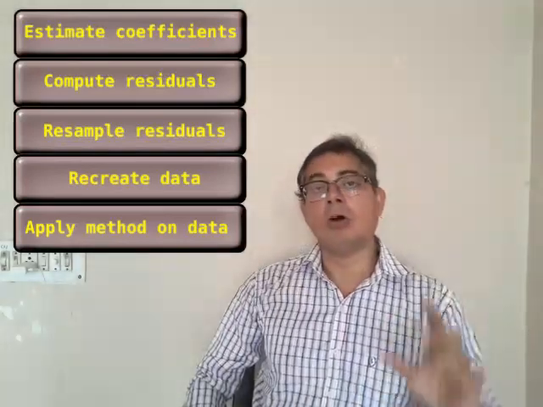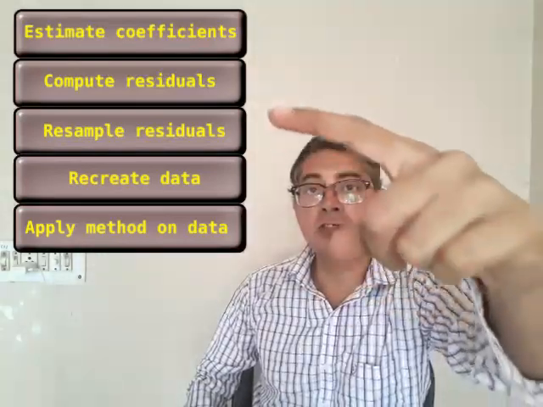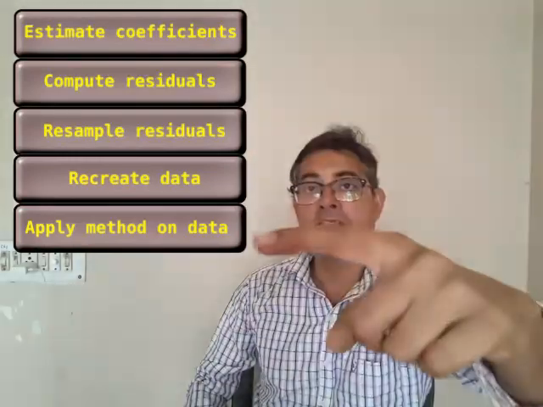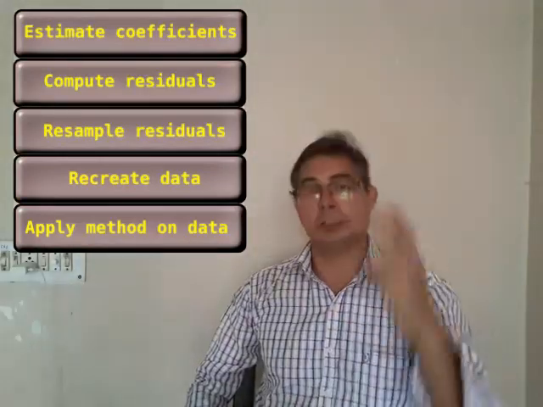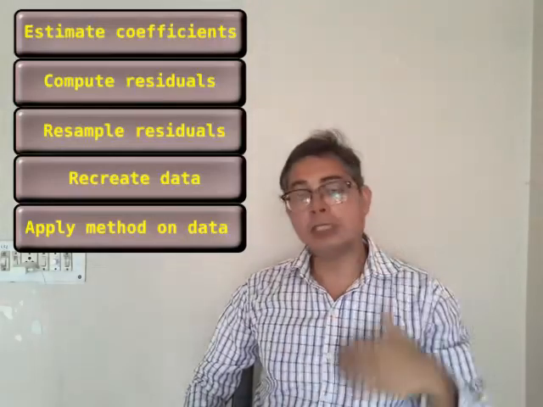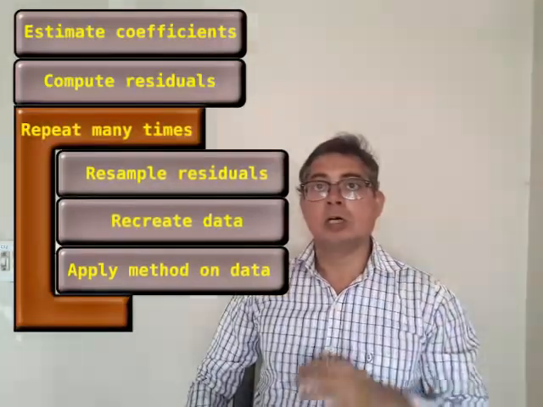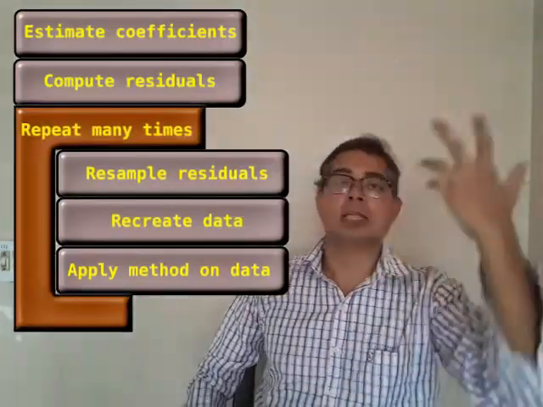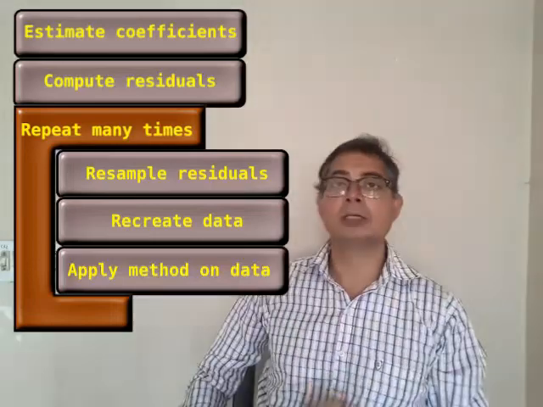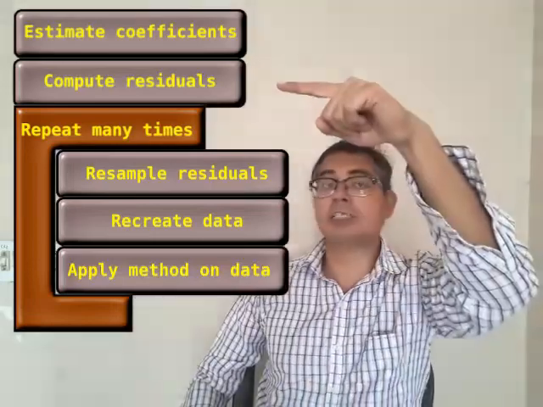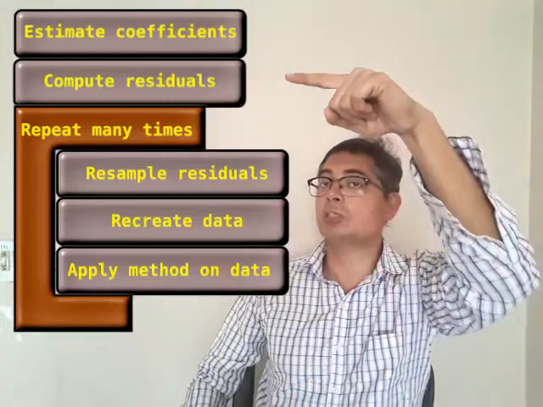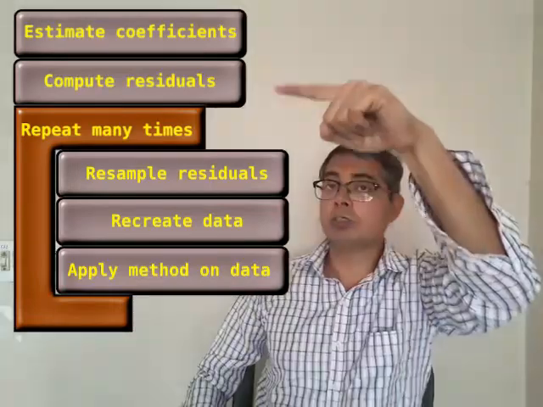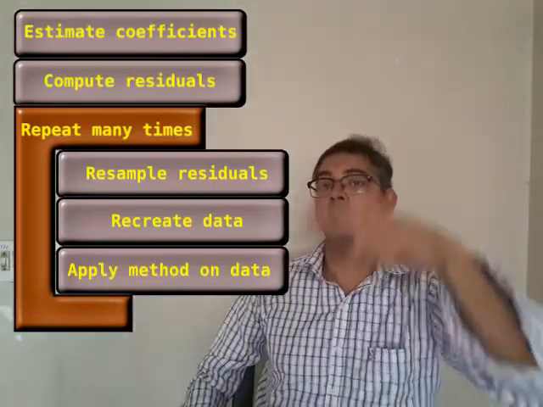Now all these three steps are to be repeated in that loop. And you just repeat them a large number of times, whatever you think is fit. Remember, you are not repeating this step. You compute your residuals once and for all. Using those computed residuals, you are running this loop.